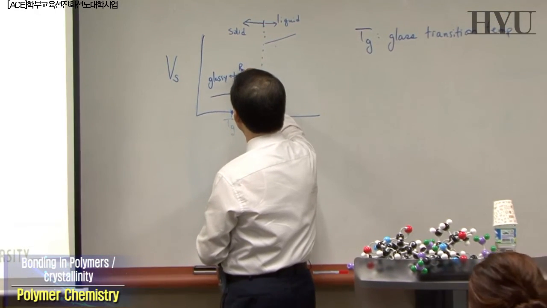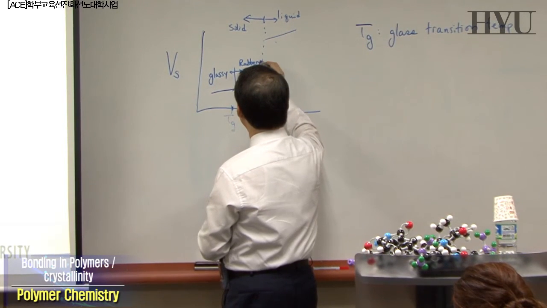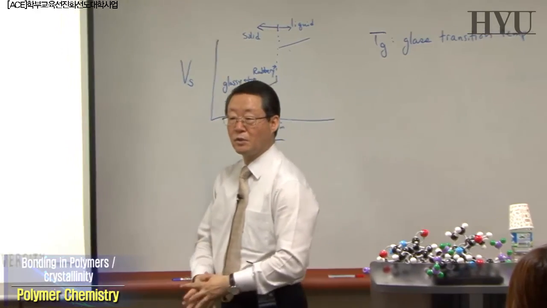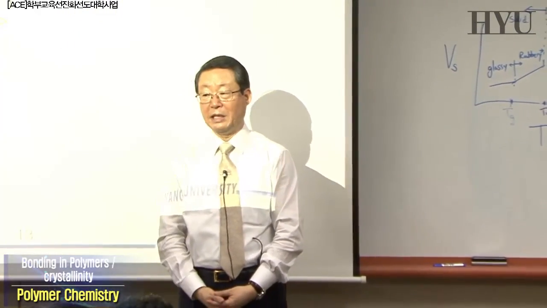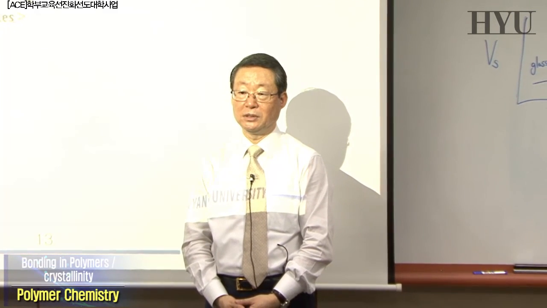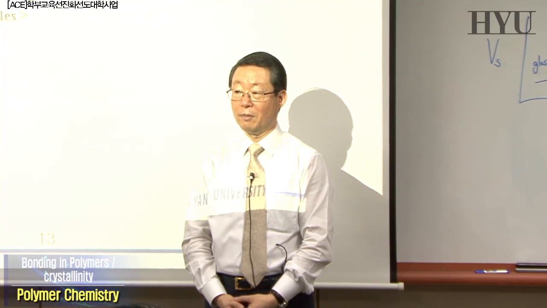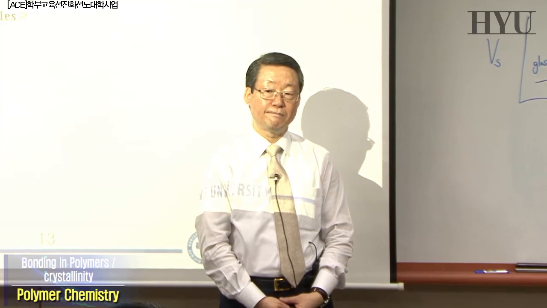And this is the rubbery state. So the TG is defined as the temperature where your state changes from glassy to rubbery. The glassy to rubbery transition temperature is called TG.